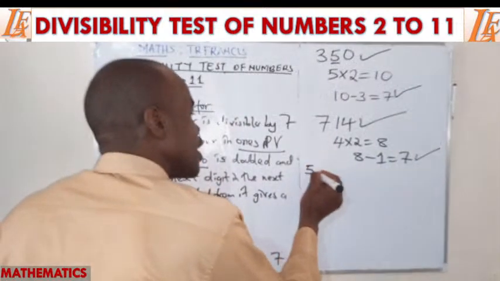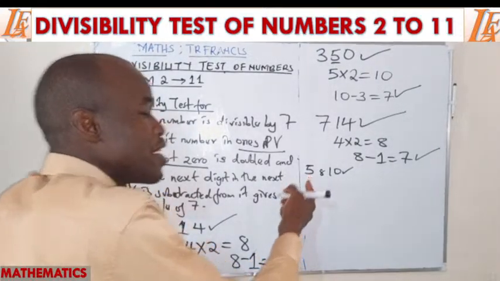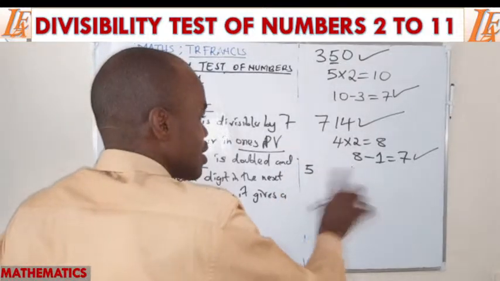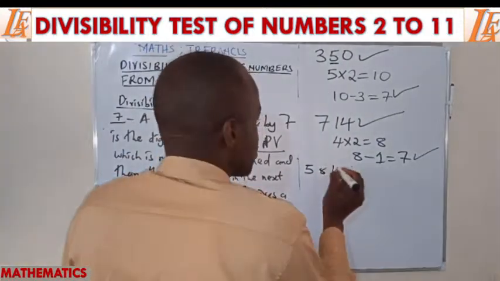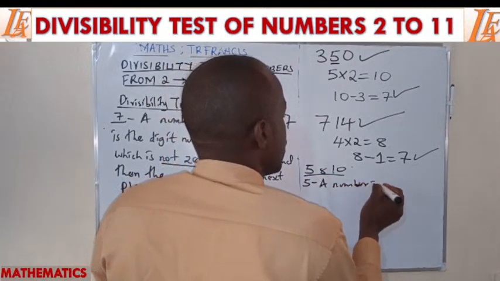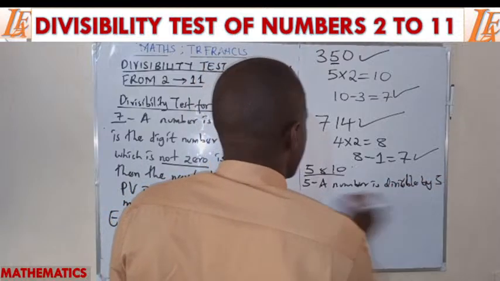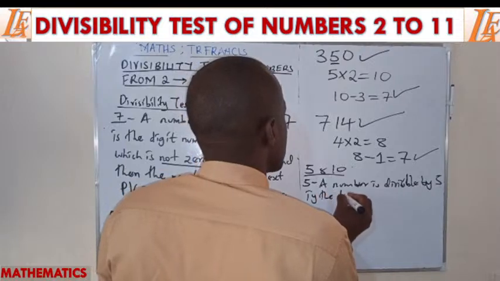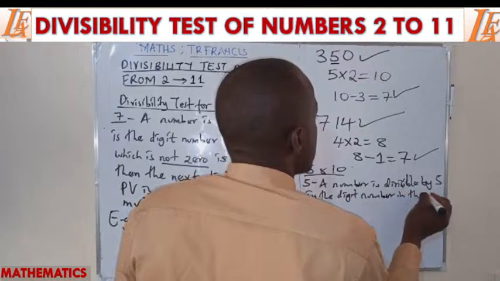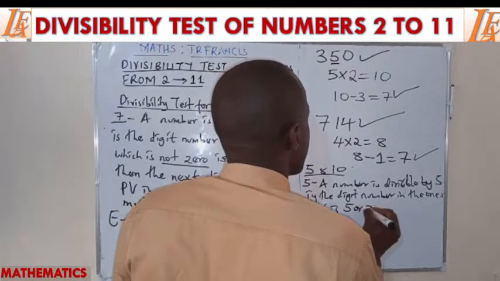For 5 and 10, it is the easiest. We start with 5. A number is divisible by 5 if the digit in the ones place value is 5 or 0.